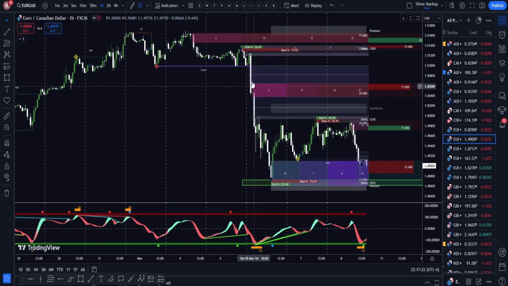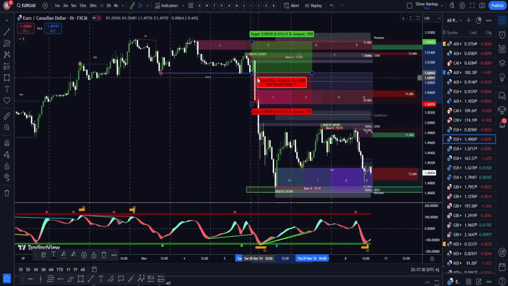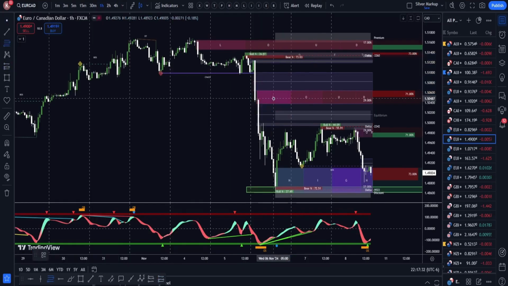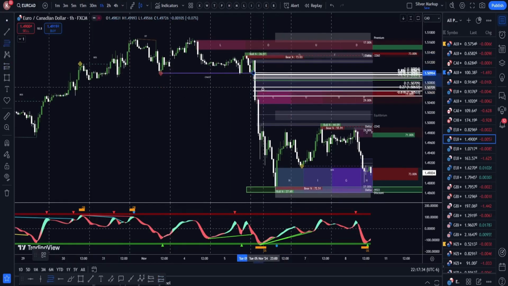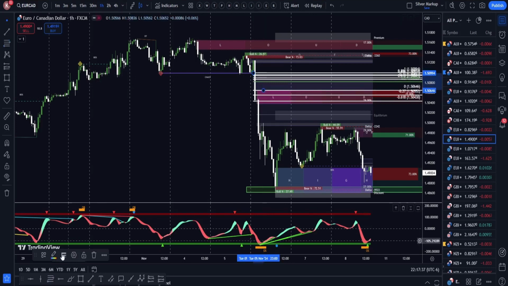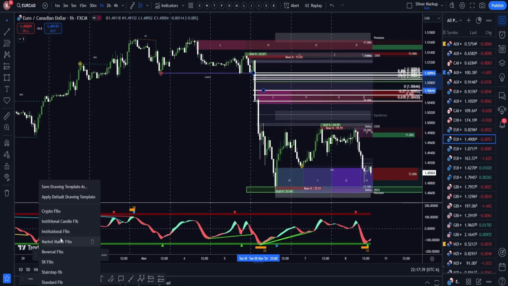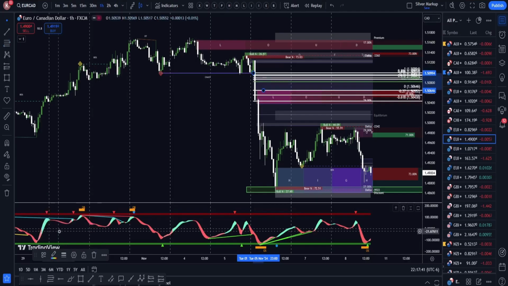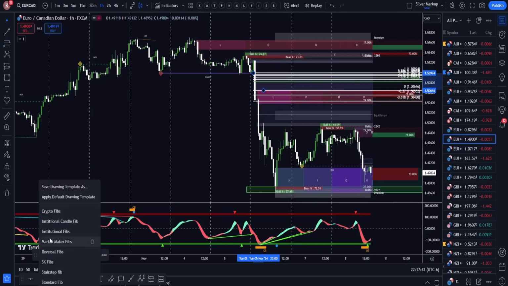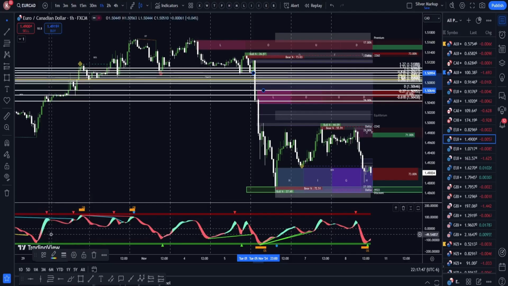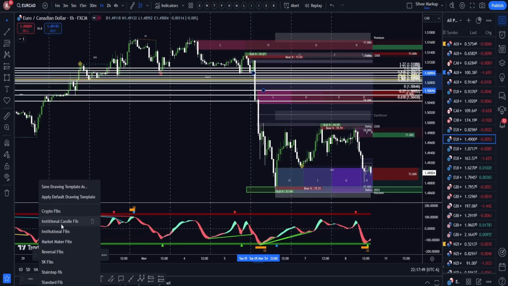The second one would be the imbalance above that area. For me, before Chart Prime, I would have to use my Fibonacci and get the 50% range to the 71% range. So I would go in, do my institutional fibs, which would be actually that one.